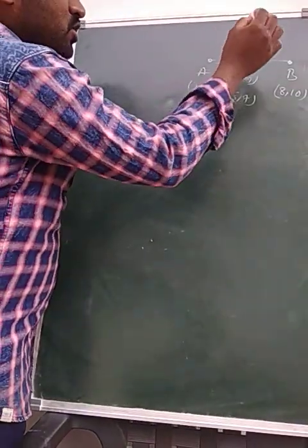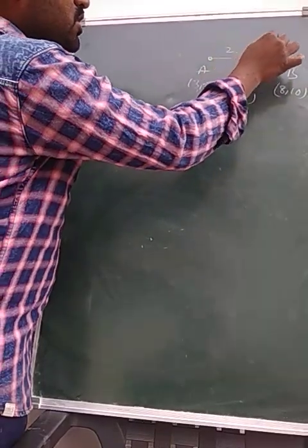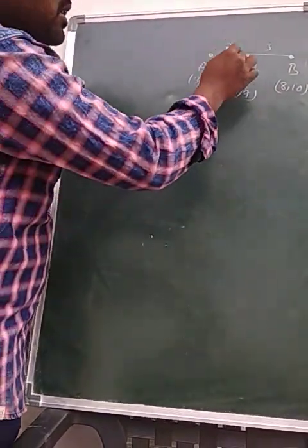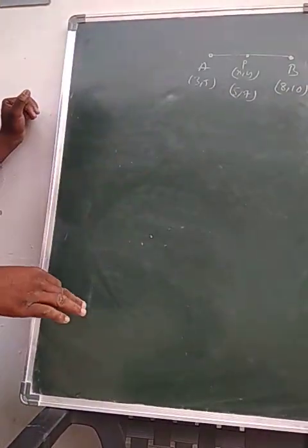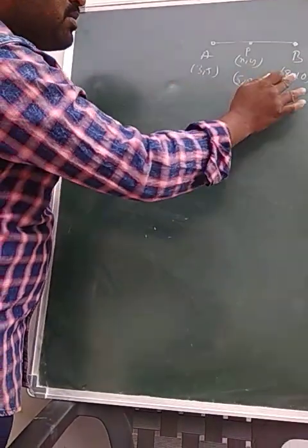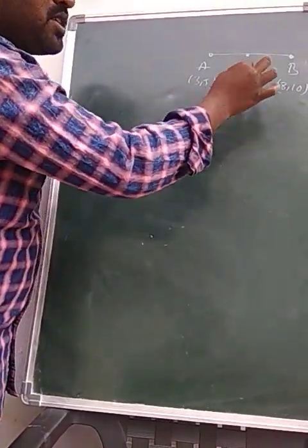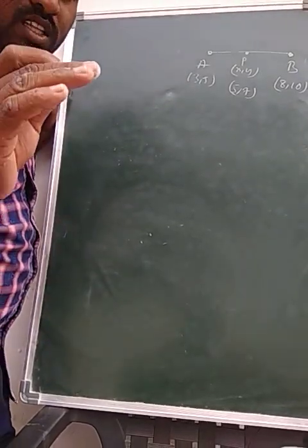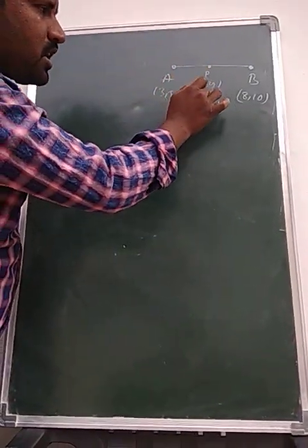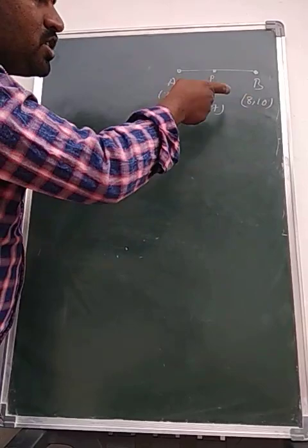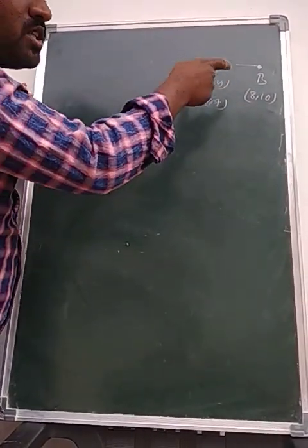We don't know the ratio. Just now in the problem the ratio was given as 2:3, but now we don't know. We know only the line segment and the required point P(x, y). Then how to find the ratio? That is, in what ratio does this P(x, y) divide the line segment?